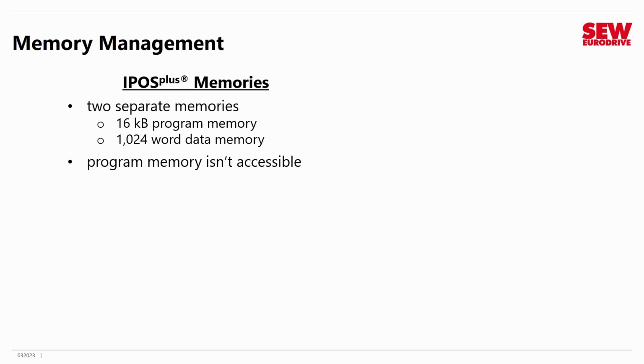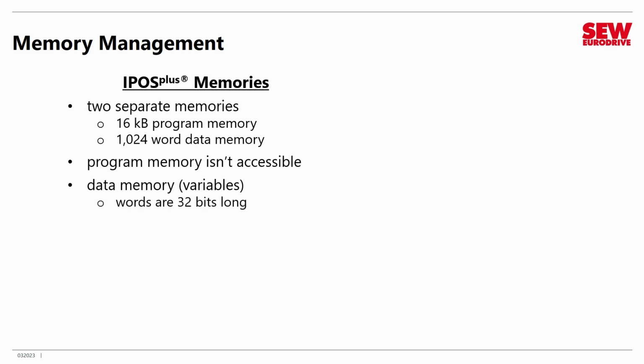Of course, you can access it when you install the program into the VFD through MoviTools Motion Studio, but it's not readable by the program itself, and you don't need to, so it's not a handicap. Just be aware of that. The data memory is what you can read and write. We call these variables because they're places you can store information that varies, that changes as the program runs. And we'll be using variables heavily in this course. They're very important.